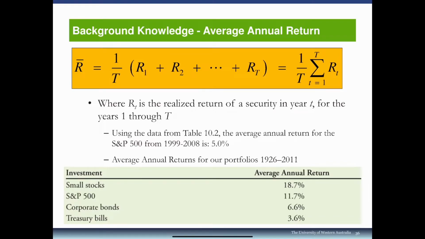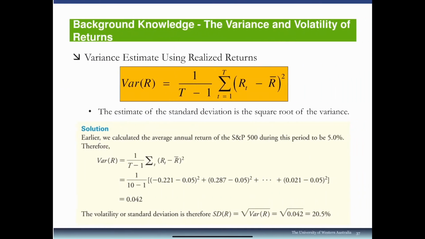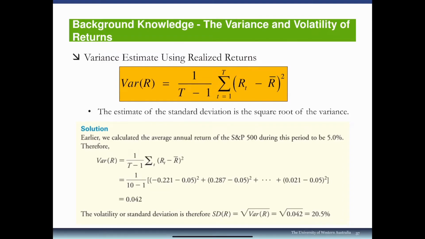And then we can also calculate the realized variance and realized standard deviation. To calculate variance using realized return, we use this formula here. Var(r) equals 1 over T minus 1 times the summation of (r_t minus r bar) squared, where r bar is the average return.